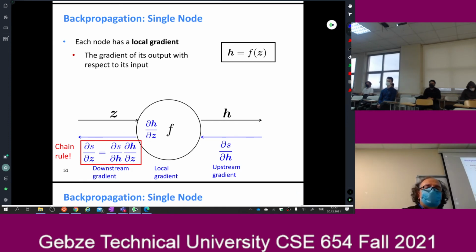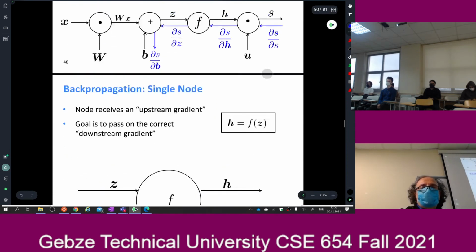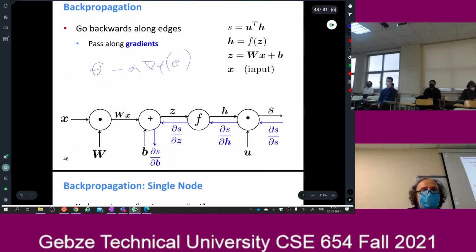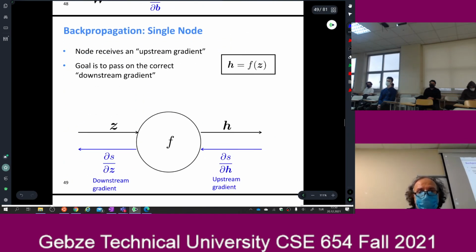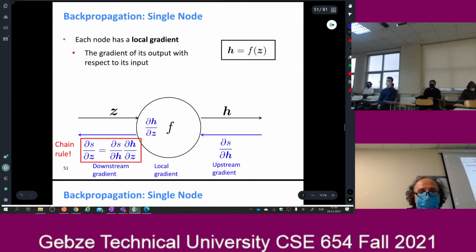Good. So once you get this, by the way, this graph is a very simple graph. Usually for our networks, we have hundreds of nodes like that. By looking at this kind of a graph only, you can manage to find these derivatives and the correct ones. And by looking at this graph, I can do it in an efficient way.